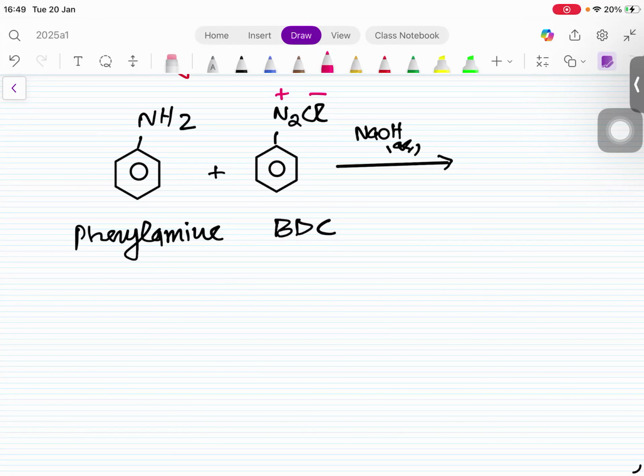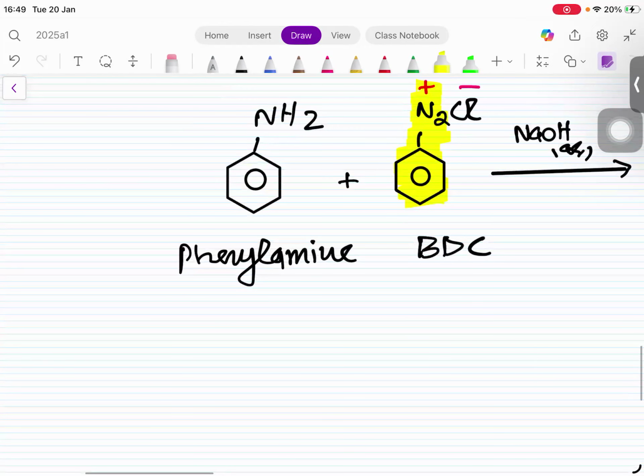And we know that in phenylamine, if an electrophile comes in, it's not going to react with the NH2 part. It's going to react with what part? Benzene. And what does the electrophile do? Yes, it substitutes one of the hydrogens on the benzene ring. The question is where?